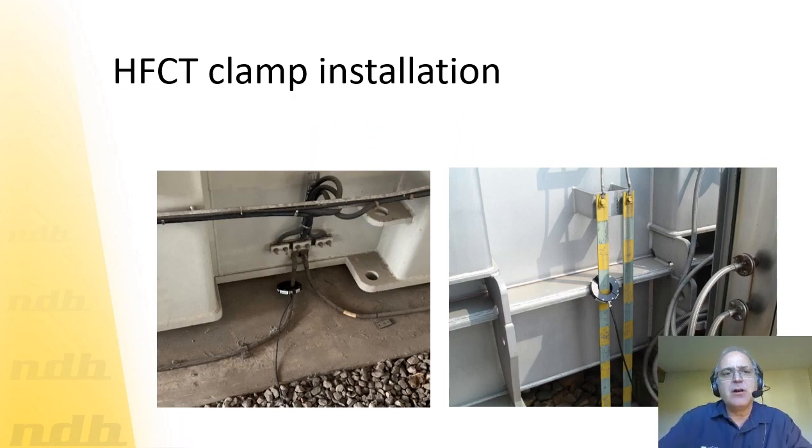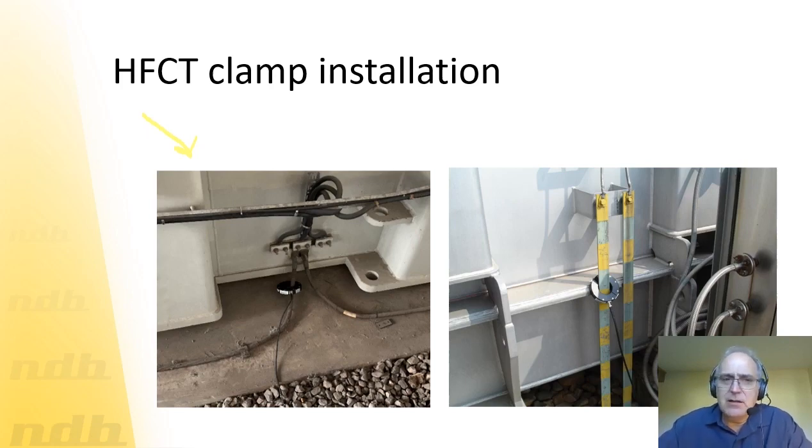Those are examples of installation. On the left over here, we can see that the HFCT is just located on the ground. There is no direction, so it can be installed one way or the other. It's on the transformer ground, and later we'll see some aspects of it. And on the right, you see it's the same thing, but on a solid bar.